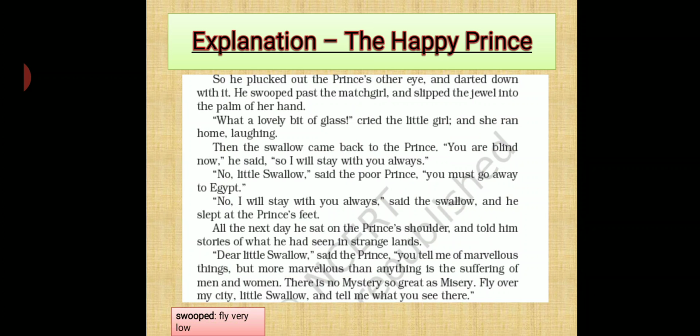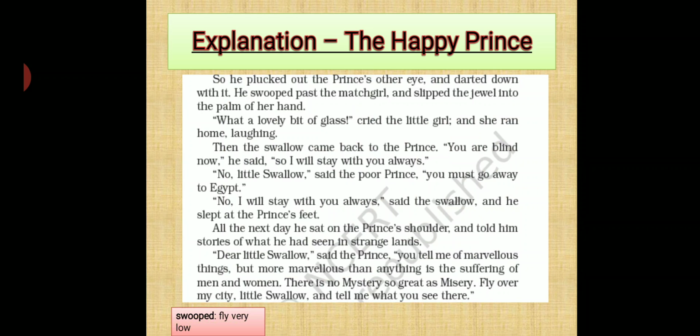Dear swallow, said the prince, you tell me of marvelous things, but more marvelous than anything is the suffering of men and women. There is no mystery so great as misery. Fly over my city, little swallow, and tell me what you see there. The happy prince said to the swallow to tell him wonderful things, but added that nothing was more wonderful than the suffering of people.